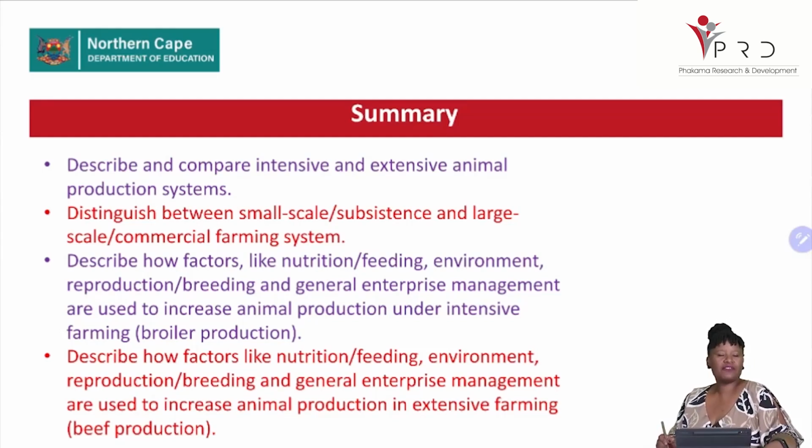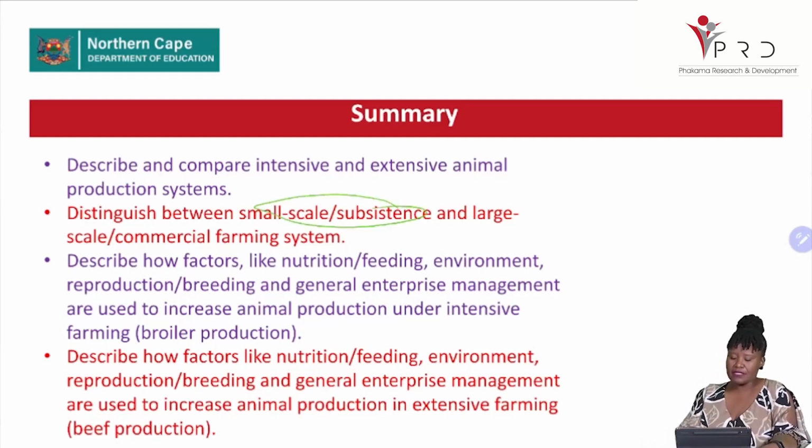Then we need to reflect whether we're able to discuss as per examination guidelines. And I think we also added more. Describe and compare intensive and extensive animal production systems. We also look at questions that require exactly that. We distinguish between small scale, which we also refer to as subsistence, and large scale, which we refer to as commercial farming system.